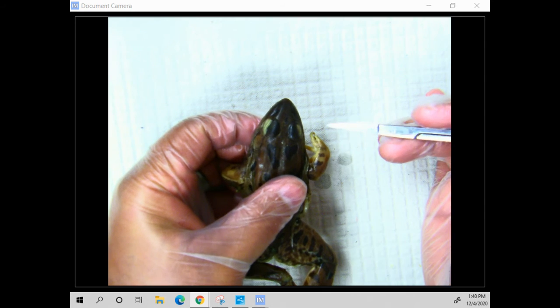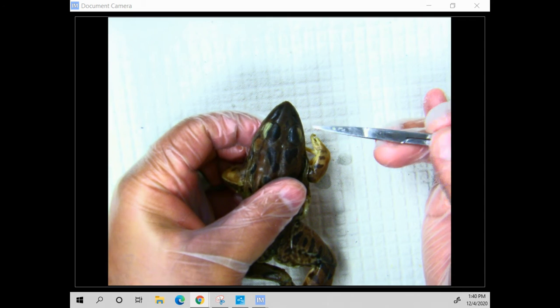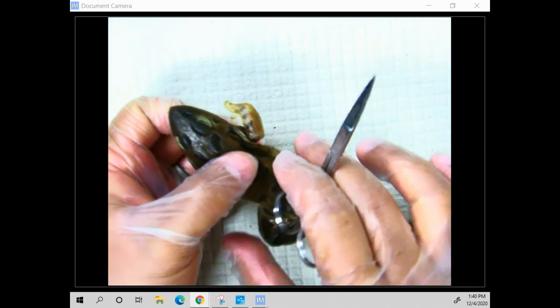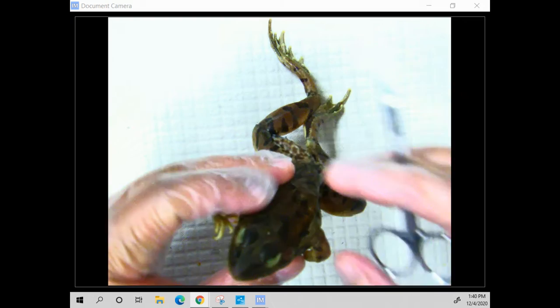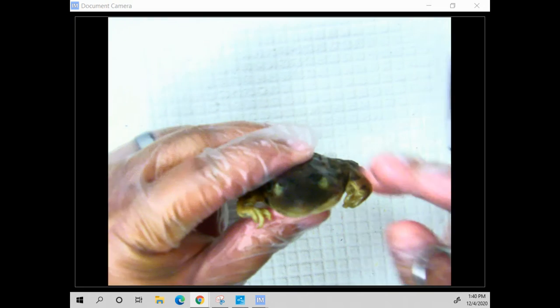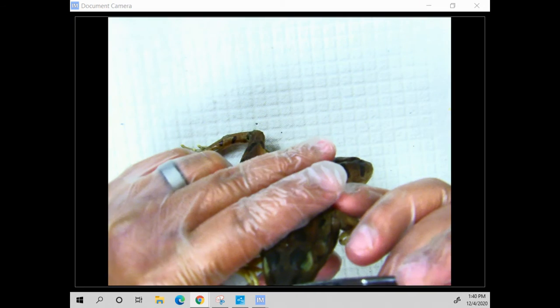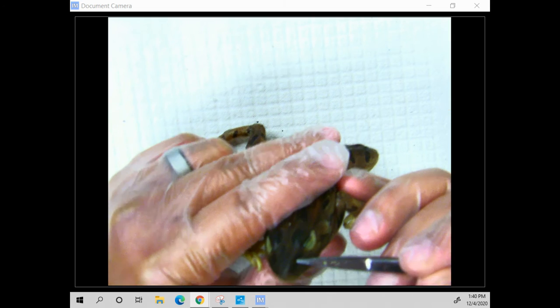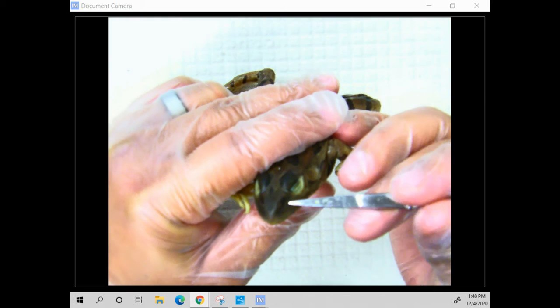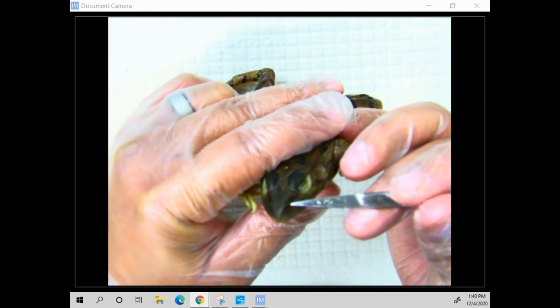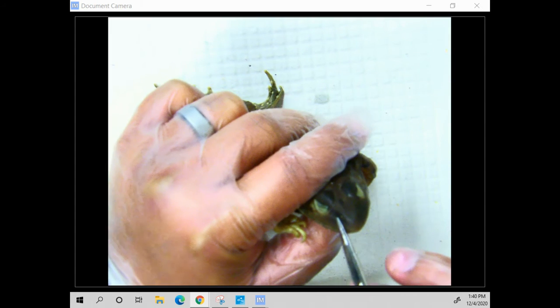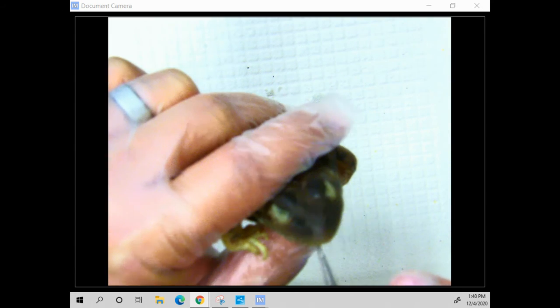All right. So after we've located that, we can also see, if we look at the front of the frog, if the frog's looking at us, there are two small holes right here. There's another hole right here. It's difficult to see in the camera, but you can kind of see it.